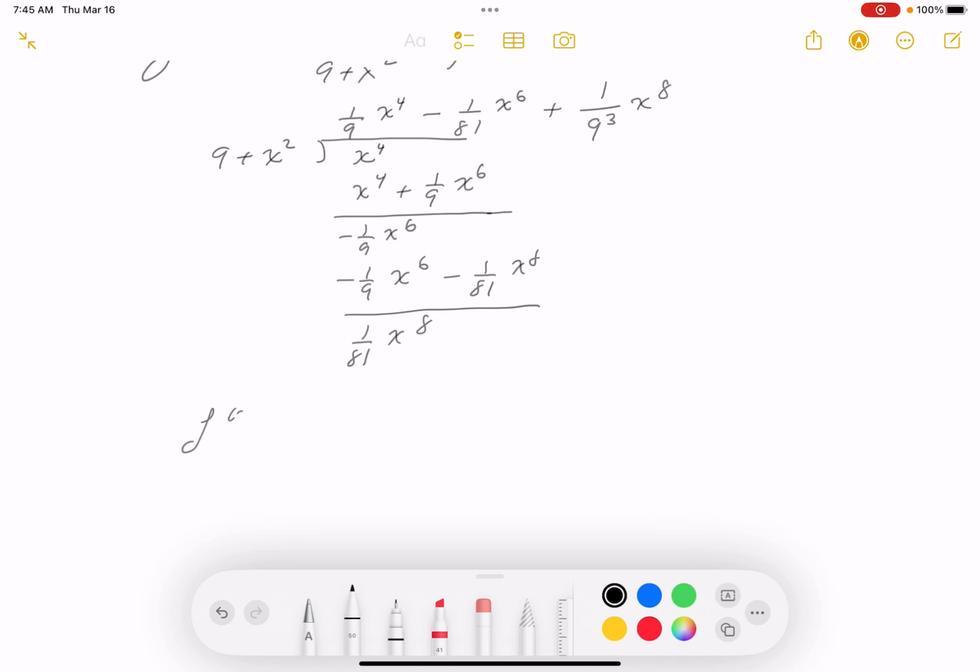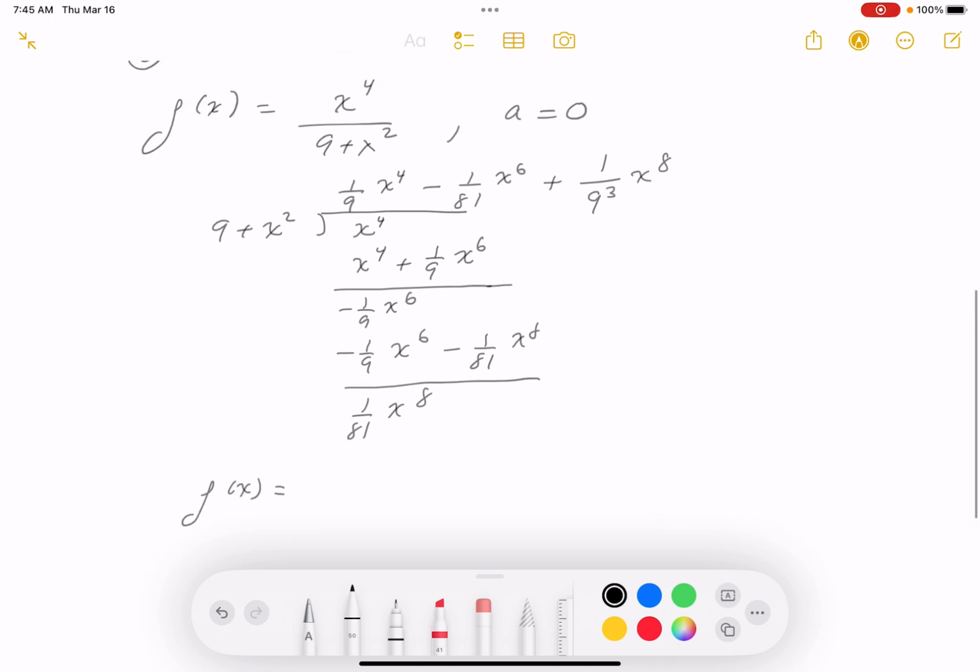F of x equals, let's write this over here, x^4 over 9 plus x squared equals, now I'm going to sort of write it down, at least what I'm seeing.